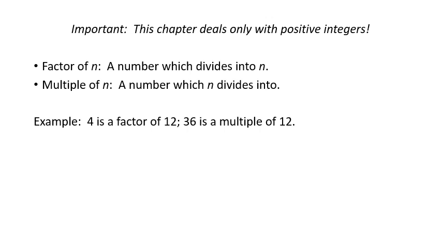And the same thing, you could say that negative 36 is 12 times negative 3, which is correct. But since we're talking about positive integers in this case, we're not going to consider negative 36 to be a multiple of 12. So positive integers only. And I'll just try to make that the last bit I say about that.